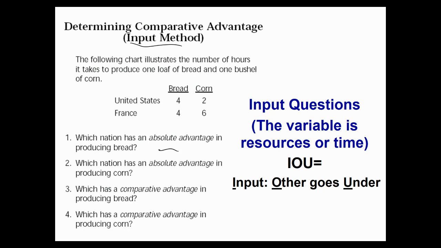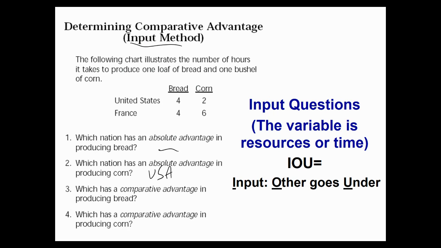But now we look at who has absolute advantage in corn. Well, who essentially uses the least amount to produce a bushel of corn? That absolute advantage would then go to the United States of America because they only need two labor hours to make one bushel of corn, where in France it takes 6 labor hours.